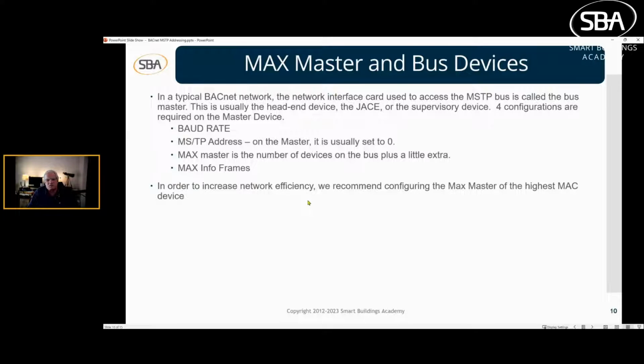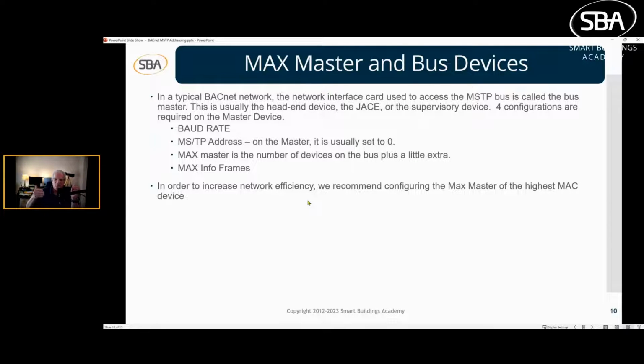Let's imagine that your JACE has 2 COM ports and that you have 2 MSTP networks running, and let's say you only have 10 devices on each network. If you don't change your max masters, the JACE is going to sit there and poll and keep looking for everything beyond what you've actually got. It's going to poll all the way out to 127 and then start over.